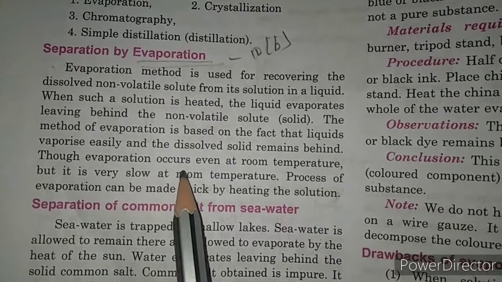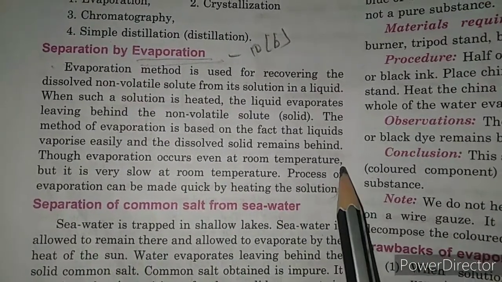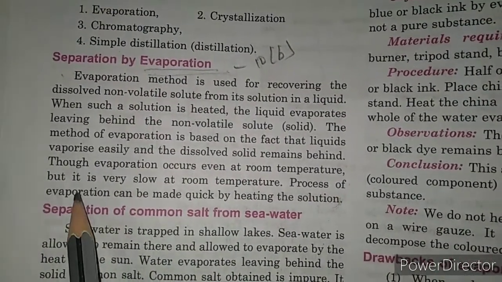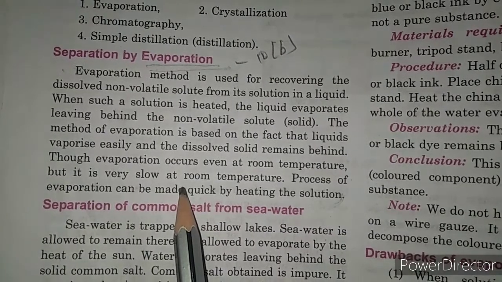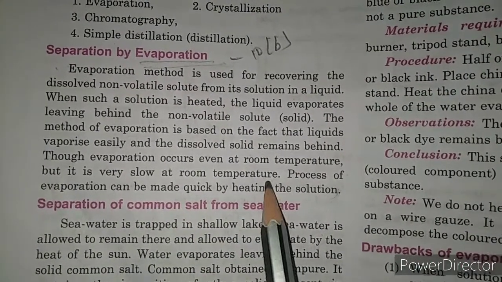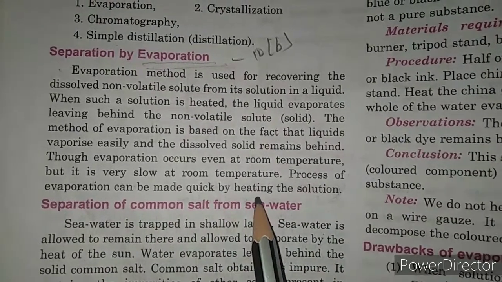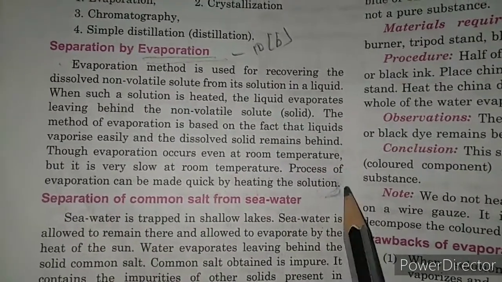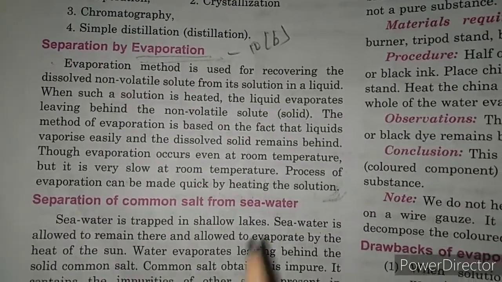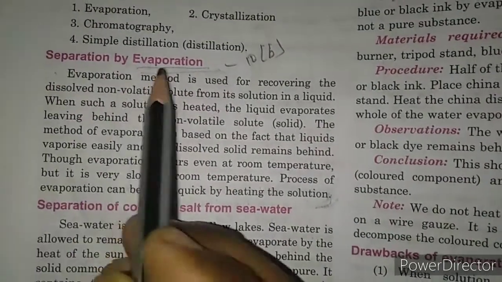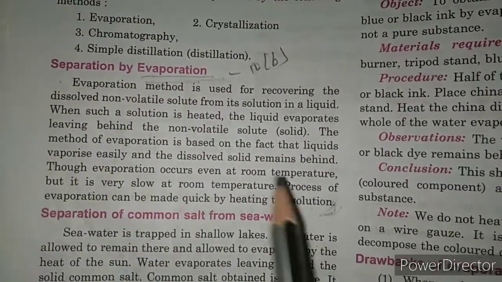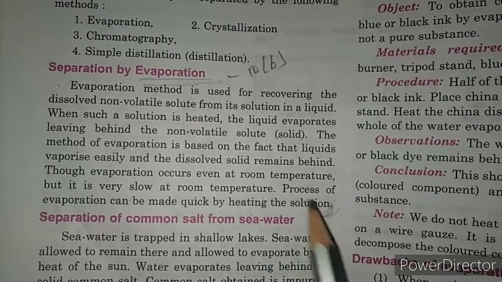Though evaporation occurs even at room temperature, it is very slow. At room temperature, the process of evaporation can be made quick by heating the solution. You can write up to this point. So you will write this heading, and after that you have to write up to this.